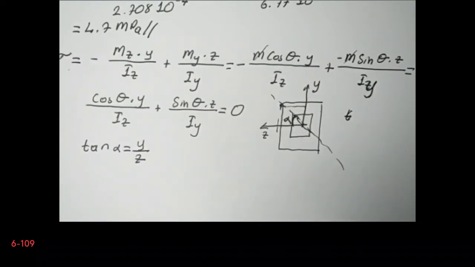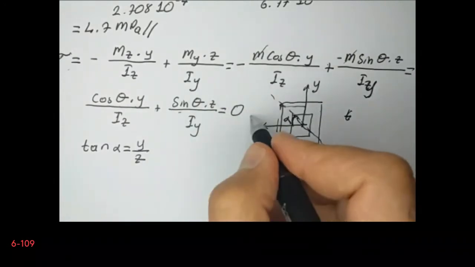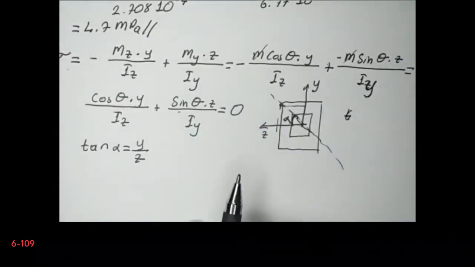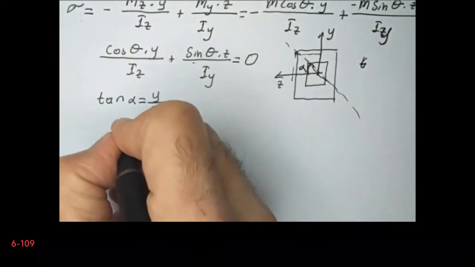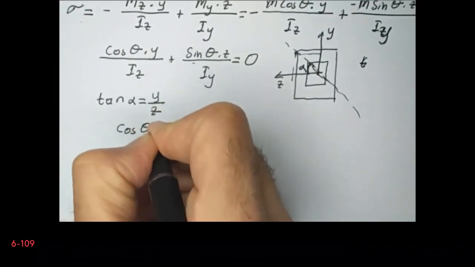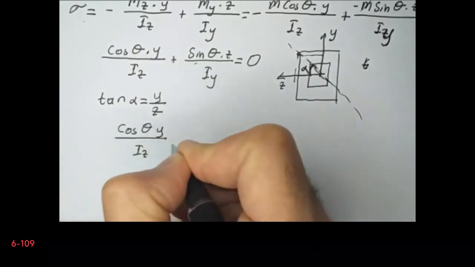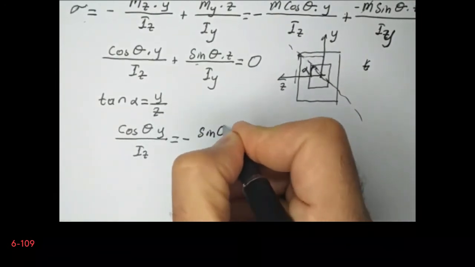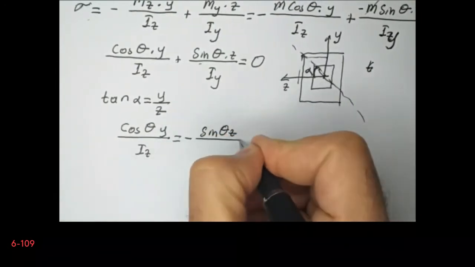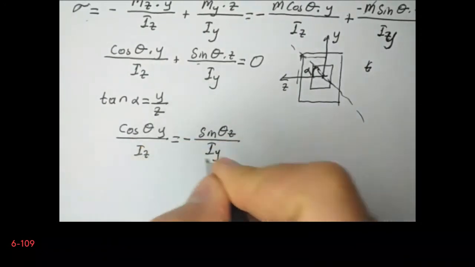So let's calculate the y divided by z from this expression. I will rewrite this expression again to here. So I can easily write like this: cosine theta multiplied by y divided by Iz is equal to minus sine theta z divided by Iy. From here I can calculate the y divided by z.